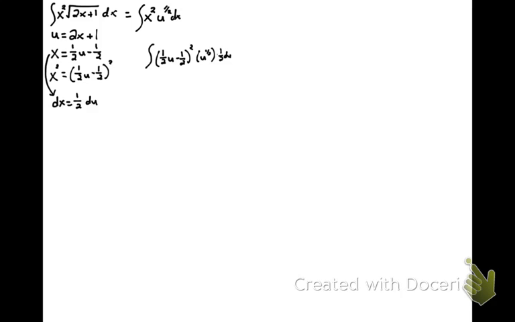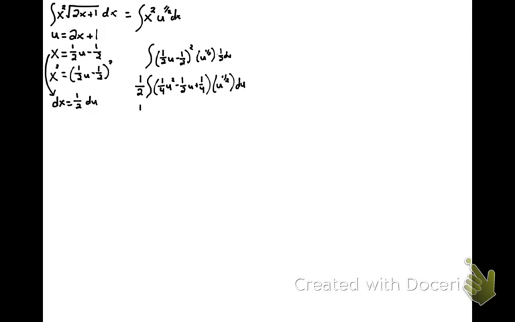And now it's just time to clean this up a little bit. First I'm going to take the factor 1/2 in front of the integral. And when I expand 1/2 u minus 1/2 squared, I have 1/4 u squared minus 1/2 u plus 1/4. And that is being multiplied by u to the 1/2 du.